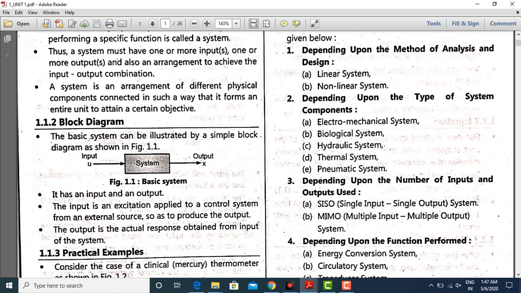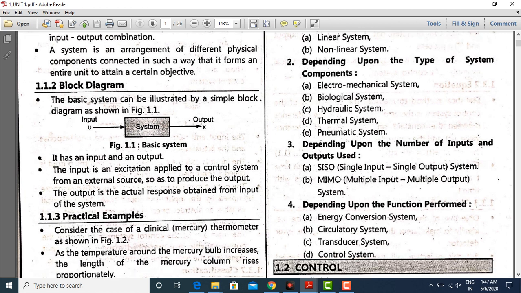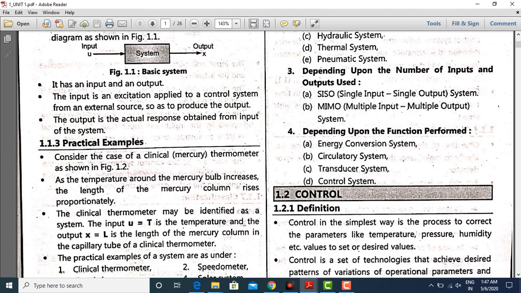Depending upon the number of inputs and outputs, there are 2 types, that is single input single output system, multiple input multiple output system. Then the 4th category is depending upon the function performed: energy conversion system, circulatory system, transducer system and finally the control system.